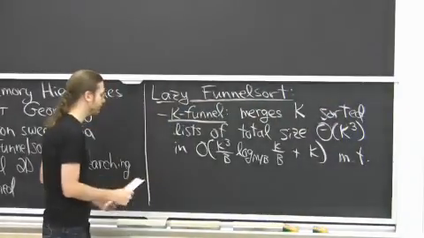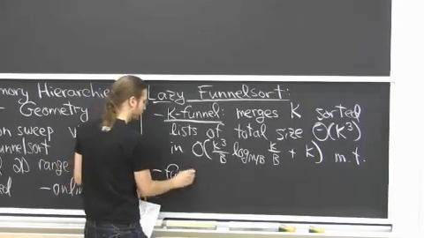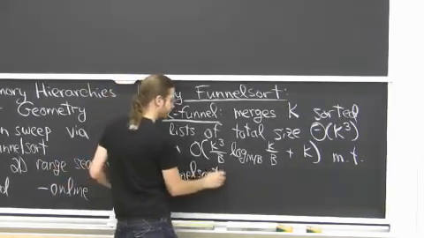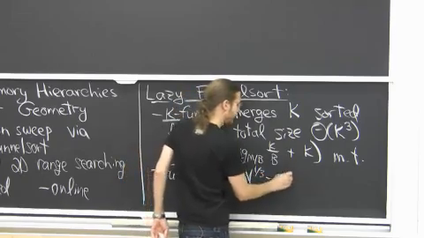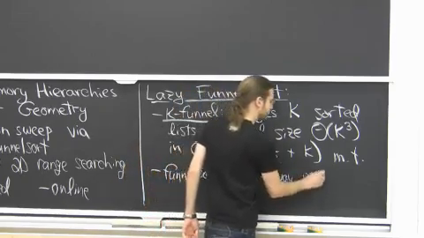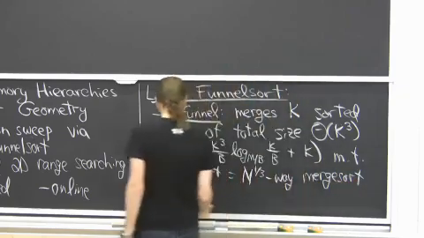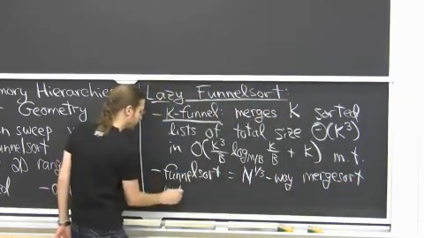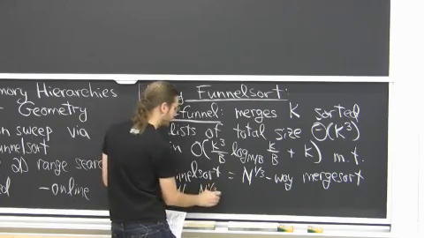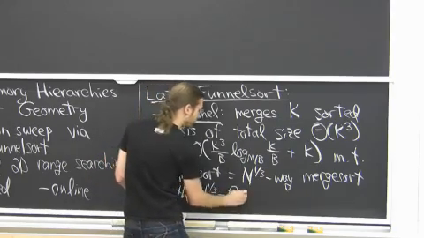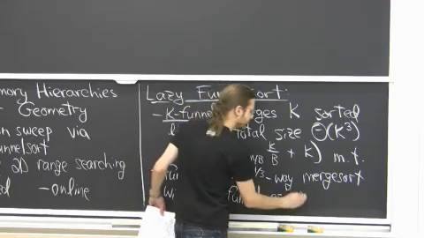Once we have k funnels, funnel sort is just going to be n to the 1/3 way merge sort with an n to the 1/3 funnel as the merger.